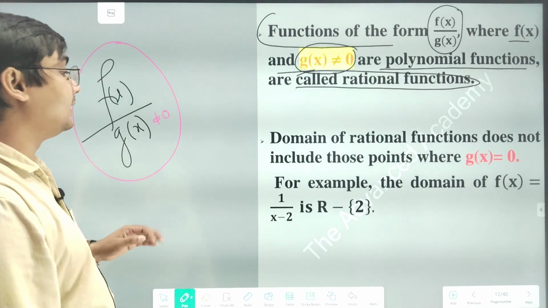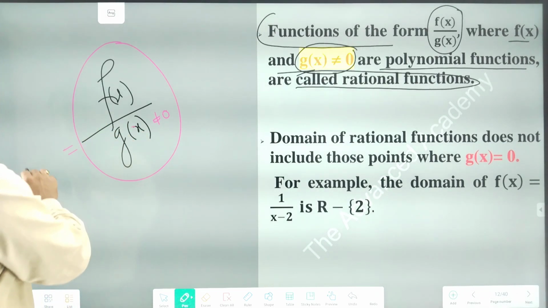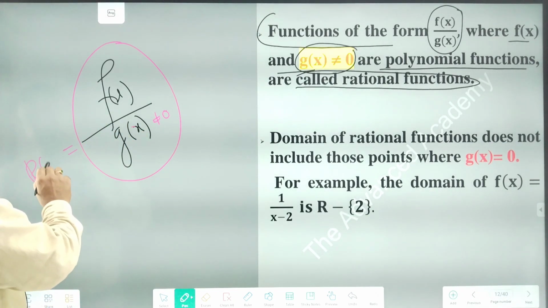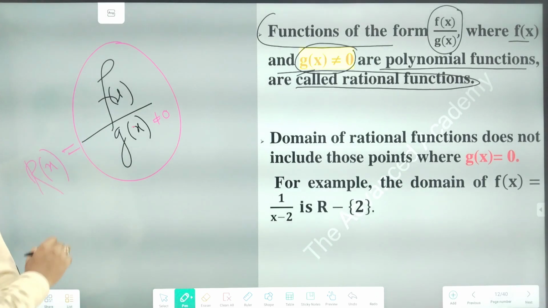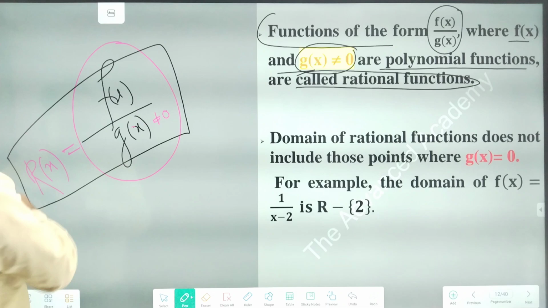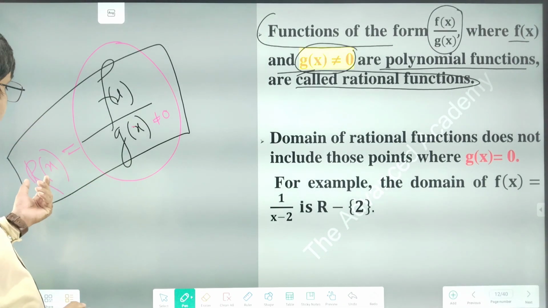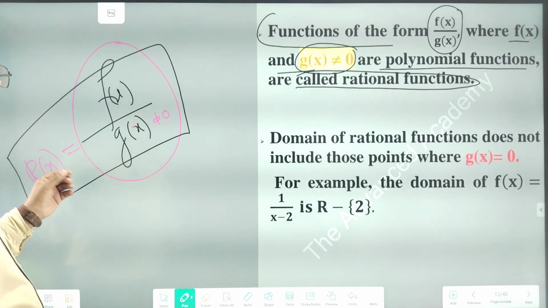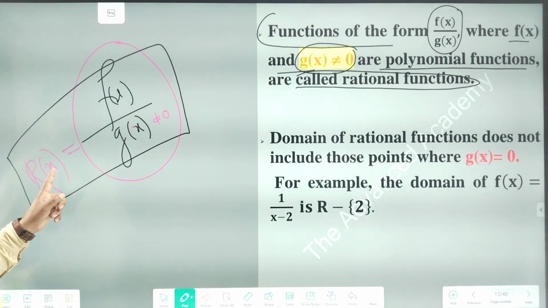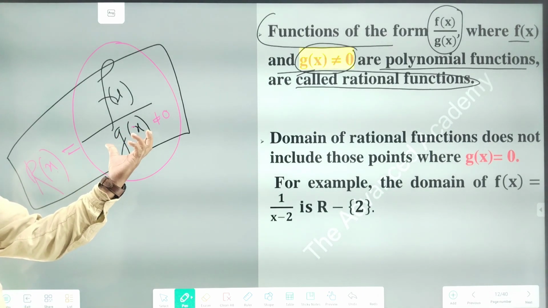And you see, suppose we consider this rational function as r of x. Then the domain of this r of x will give all the possible values of x where g of x is not equal to 0.